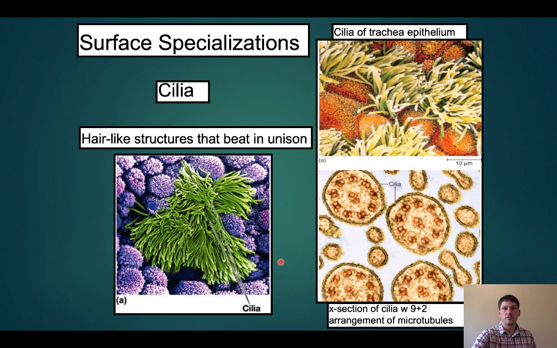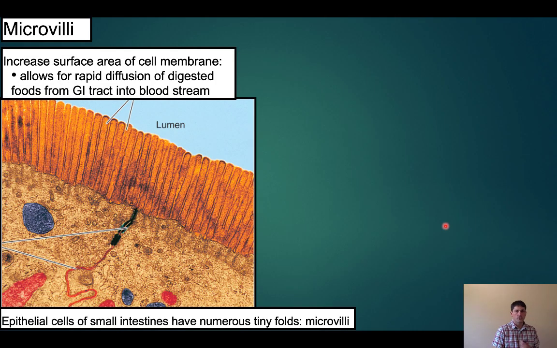Below that, you can see this is a cross-section of the cilia, they are composed of these microtubules, so these larger structures that help them move and beat in unison. Our other structure that we'll see a lot of are microvilli, and these are extensions of the cell membrane. They come off of the cell membrane and they are there to increase surface area.